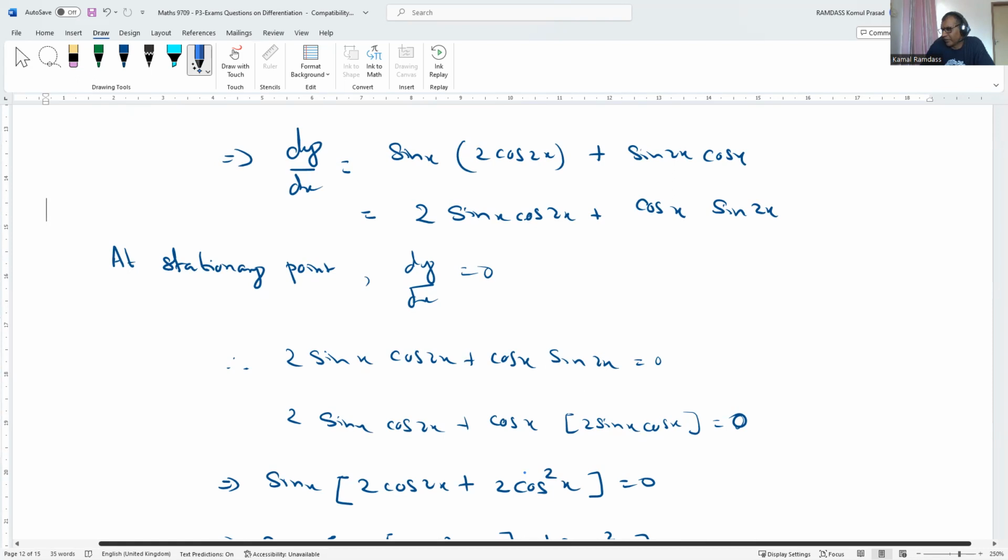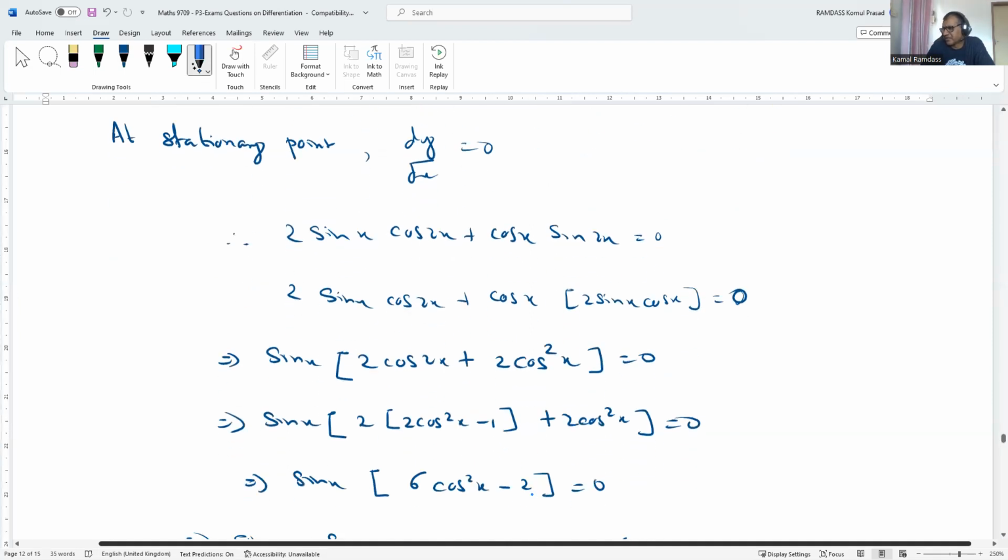Ça veut dire, finalement, on gagne 2 sine de x cos de 2x plus cos de x times 2 sine x cos x is equal to 0. Et mon take sine de x outside, mon gagne 2 cos de 2x plus 2 cos square de x.